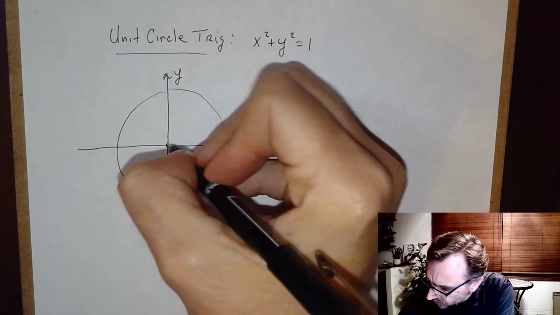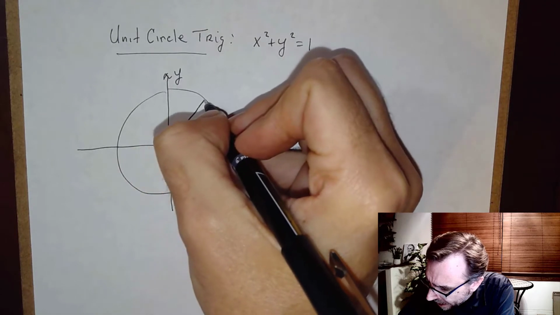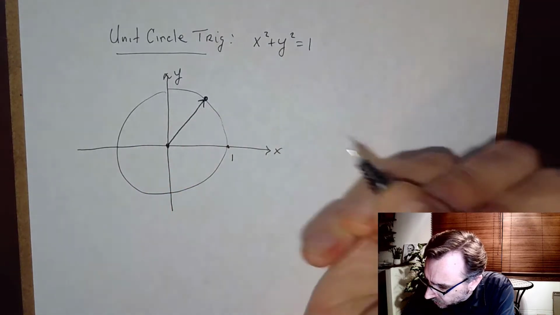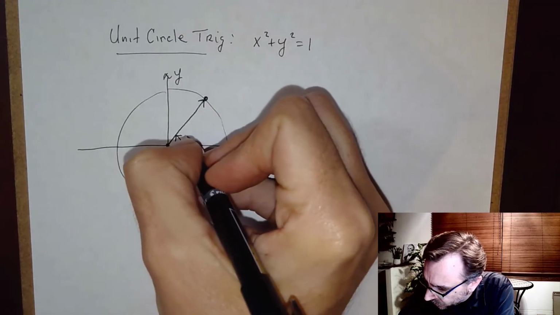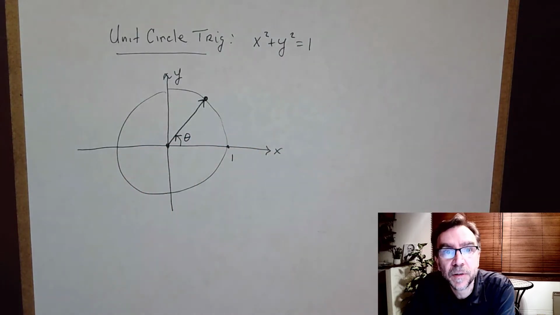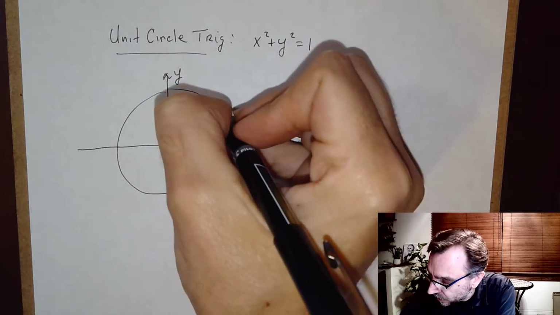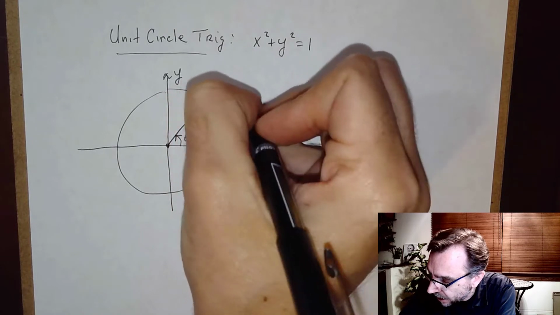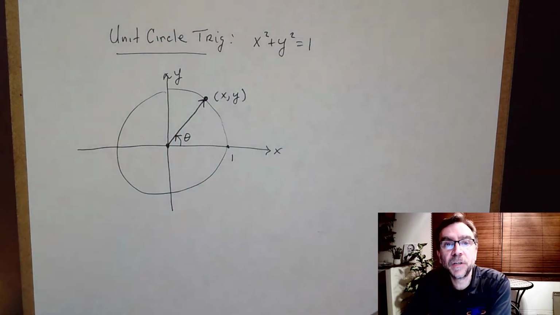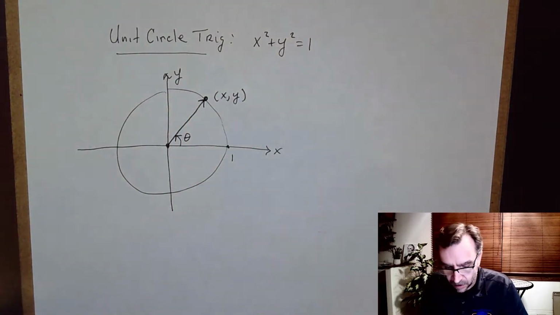Now, if we make a ray from the center to any point on the unit circle, we'll form an angle here in standard position. Now, this point here is x comma y, and what we're going to do is explore the trig ratios on this unit circle.